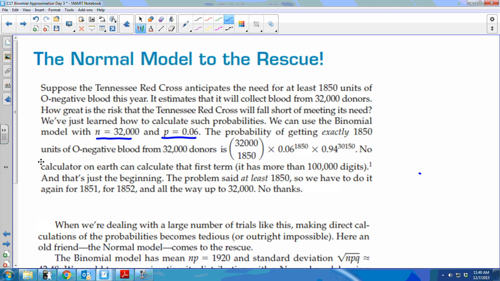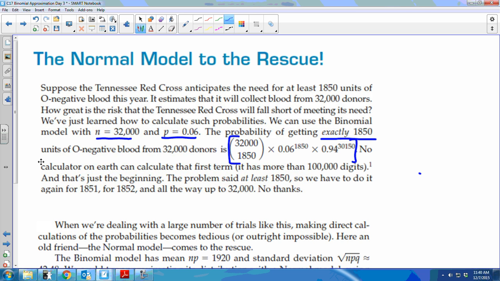If you're looking for the probability of getting exactly 1,850 units of O-negative blood from the 32,000 donors, this is the formula you would use, or you would use binomial PDF. You'd have 1,850 successes out of 32,000 trials. The 0.06 is your probability of success.